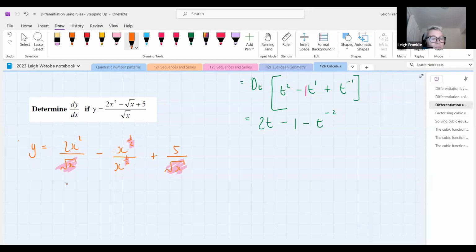On the next step, I said 2x to the power of 2 over x to the power of half, minus 1, plus 5 over x to the power of half. Sure, keep going.